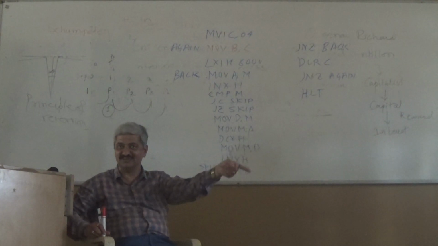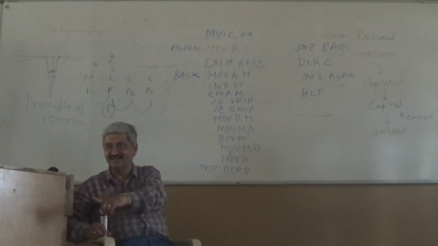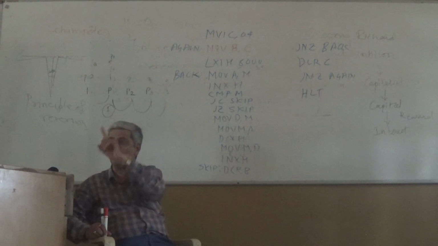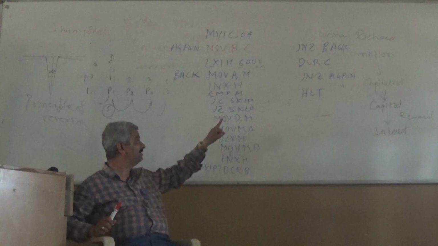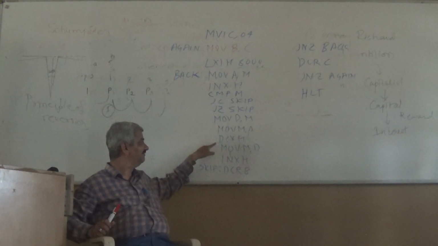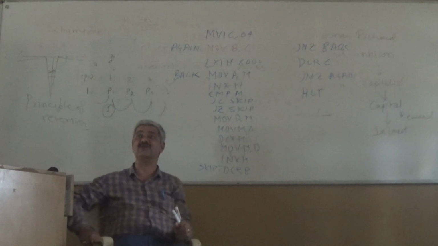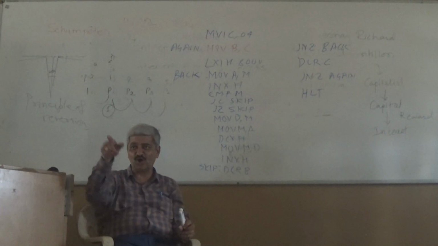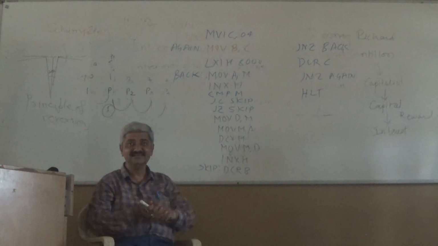If the cost to run the costing department is more than the cost which is saved, then the costing department is non-profitable. So right now what did you do? You saved this: 1, 2, 3, 4, 5 instructions time you saved, at the cost of what? At the cost of adding this instruction.